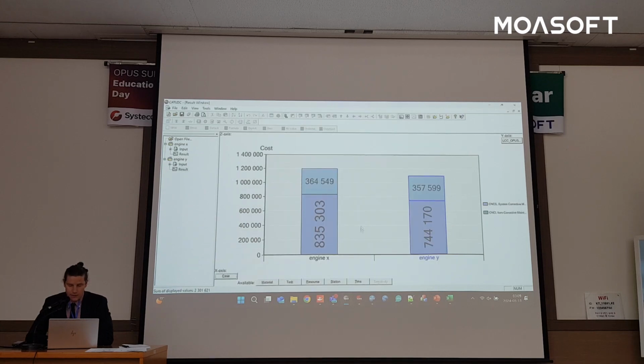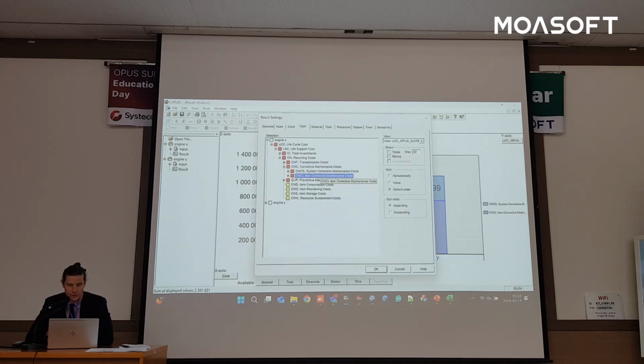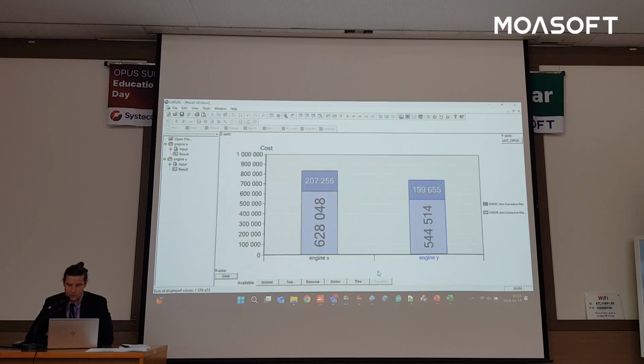Okay, anyway, looking at that, we see that it seems to be the corrective maintenance cost for items that differs. As you see, that is the main part of the difference between those two. And this way you can continue down and look at the next level, just to show you how to drill down. And it seems to be for the repairable items again.